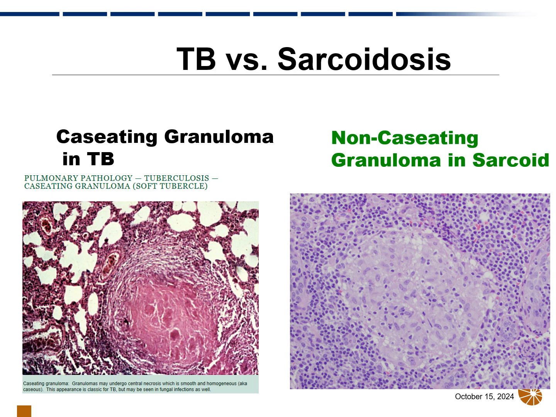Whereas in sarcoid, the slide to the right in the purple, that doesn't have that cheesy middle, so we call that a non-caseating granuloma. So the pathologist would be able to determine whether that infiltrate was due to non-caseating granuloma in sarcoid to the right, or caseating granulomas, as in TB, to the left.